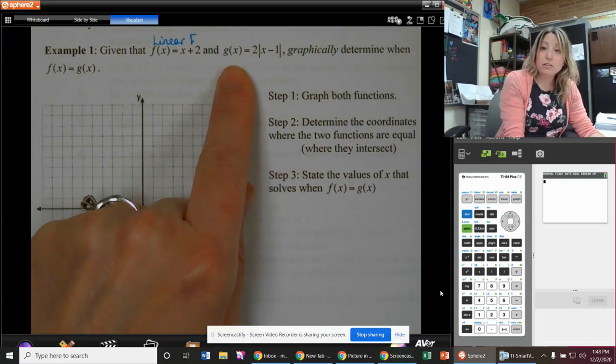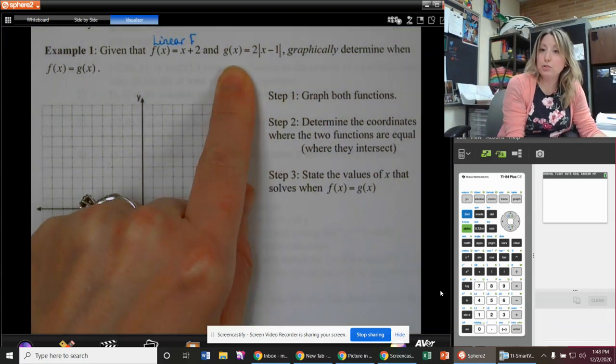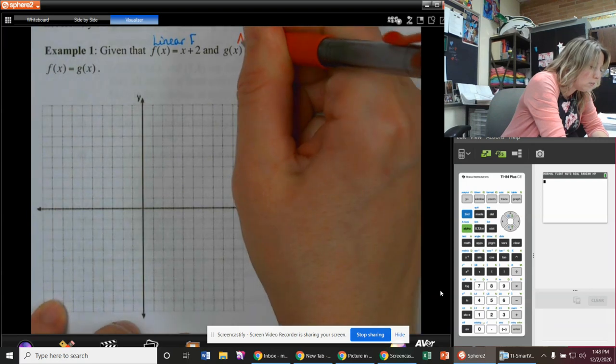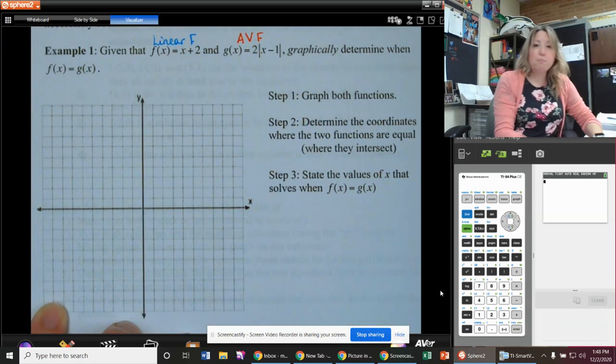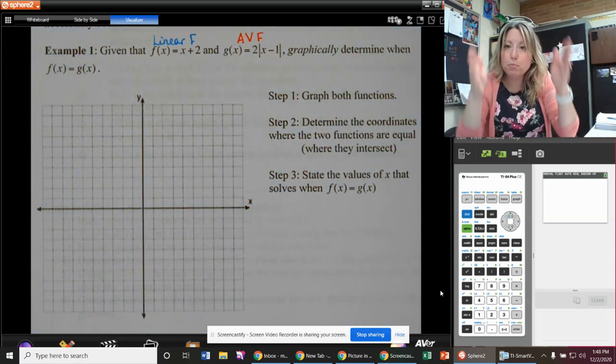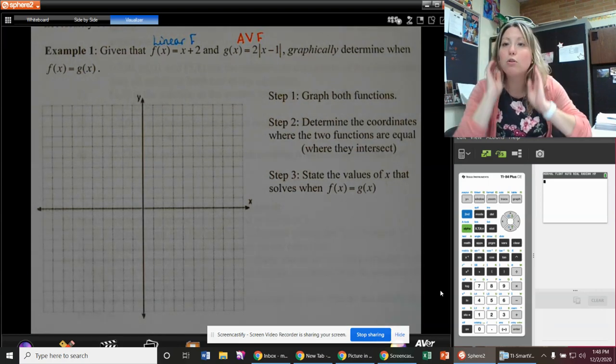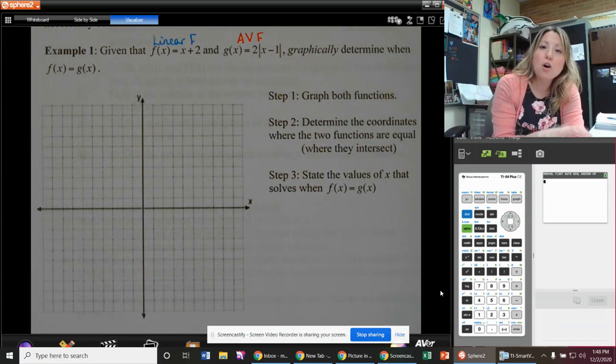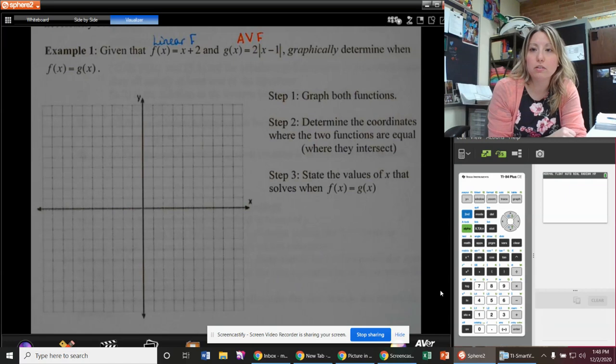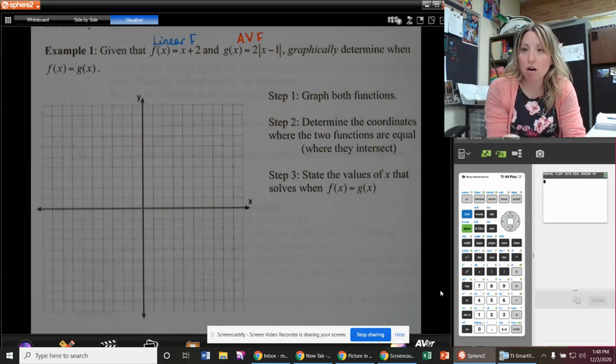Versus g of x, I know that this is an absolute value function because it's got the absolute value, the straight up and down bars around my x. So I know based on looking at the equation what they are. And that's all from chapter 3 when we were talking about the difference in types of functions.